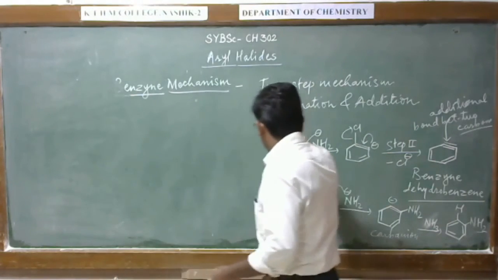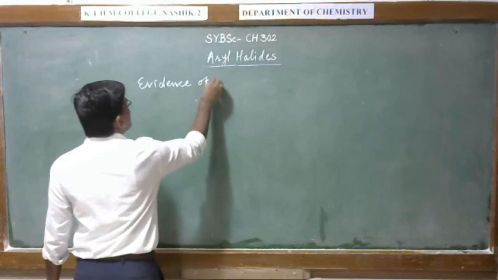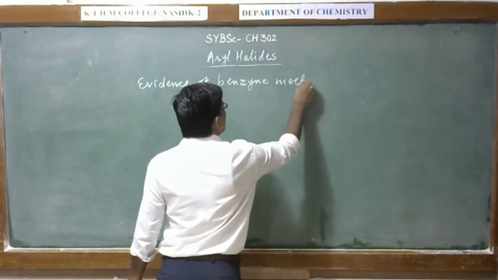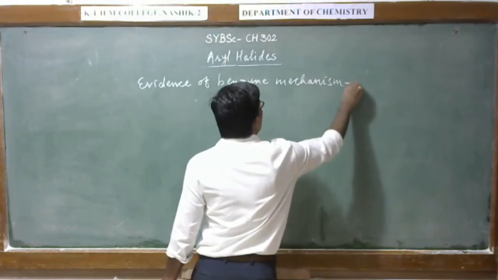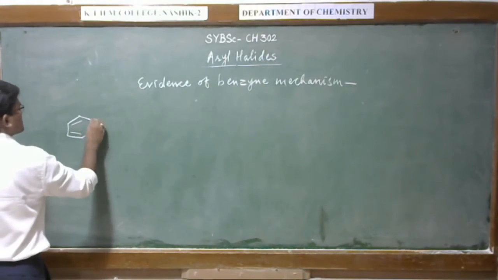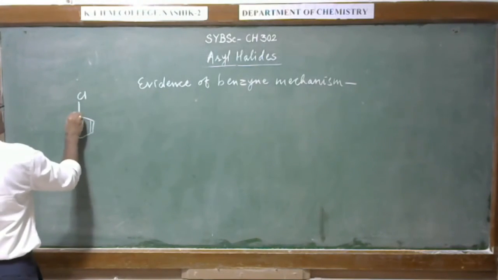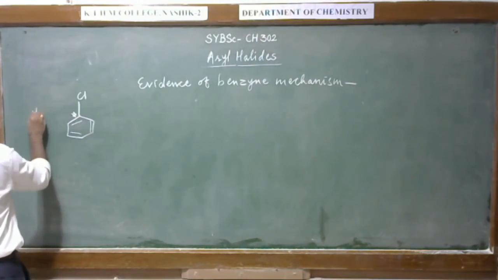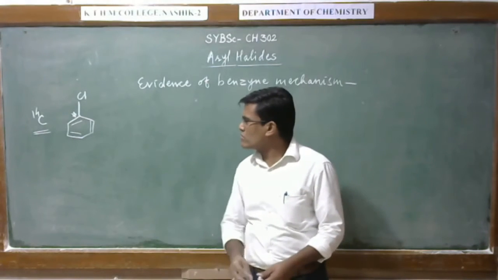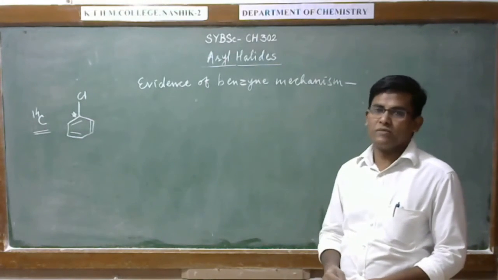When you have this chlorobenzene, this carbon, where the halogen is attached, is a carbon-14 isotope.